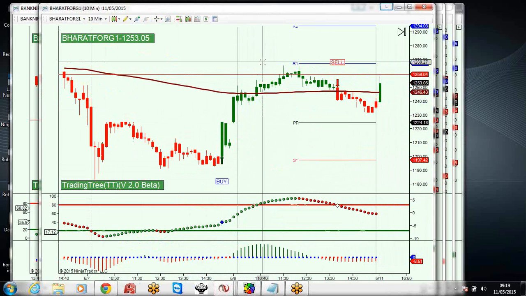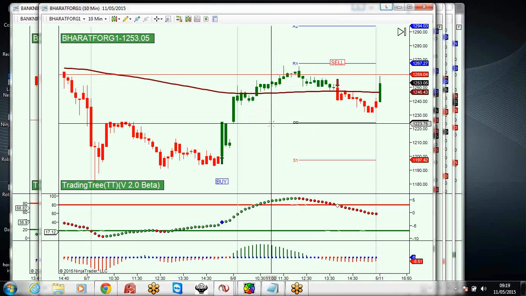Bharat Forge, you can buy above this R1 line. That will be 1268.